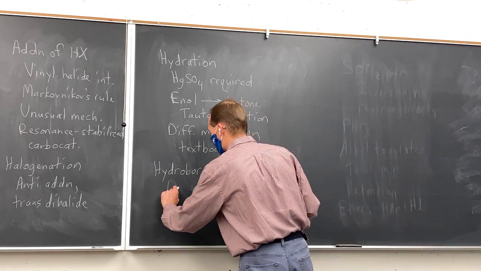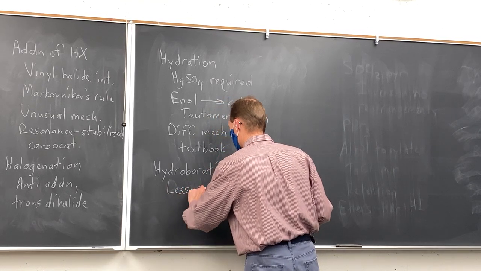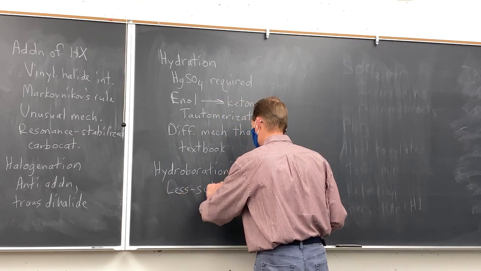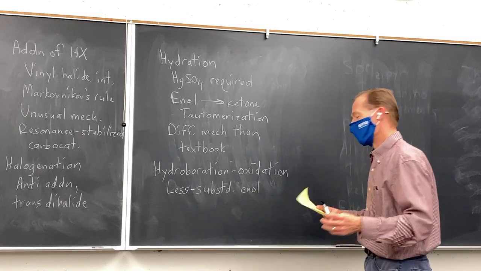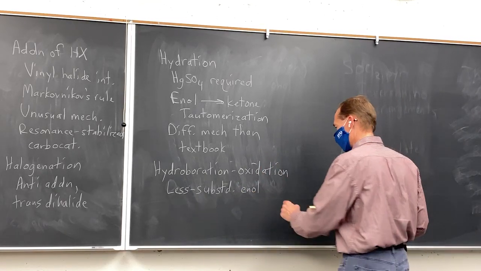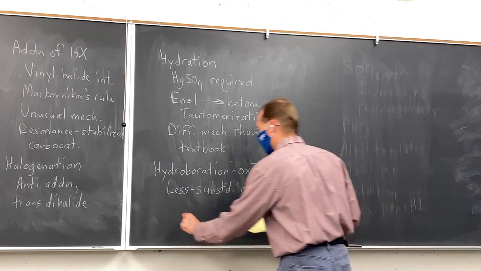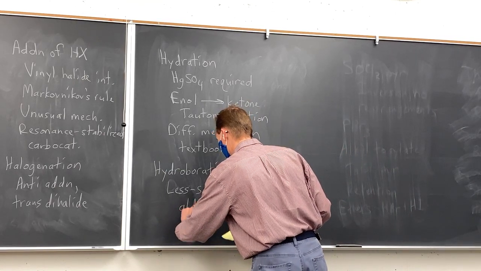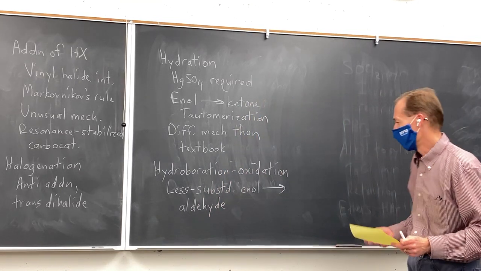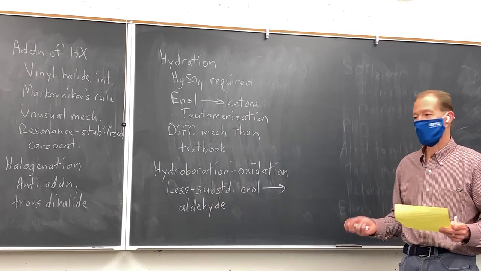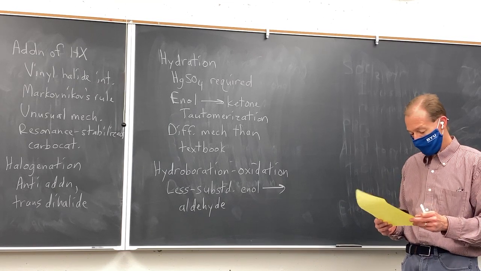And the same thing happens with alkynes. If we're doing this reaction on a terminal alkyne, we will get the less substituted enol. And then what we'll find is that will convert into an aldehyde as opposed to a ketone. Okay, and we'll talk about that. We'll get to that on Friday.